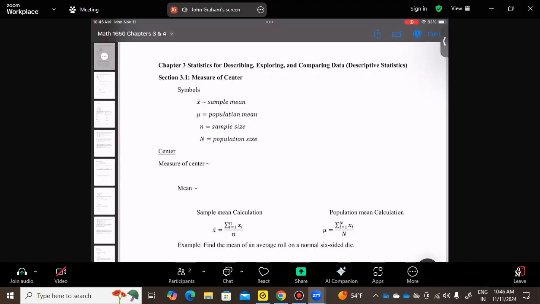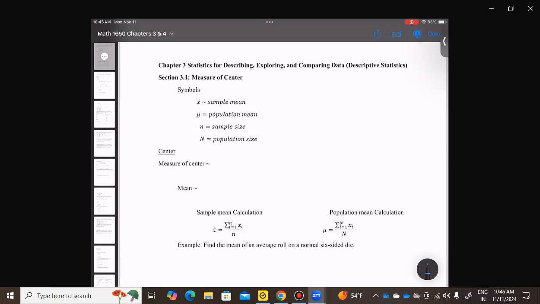We're going to start looking at what's called measures of center, and we're going to also introduce symbols for each of these. You'll see me use both symbols and just writing out the name sometimes. If you see a Greek symbol, it's usually for a population. If it's not a Greek symbol, then it's for the sample.